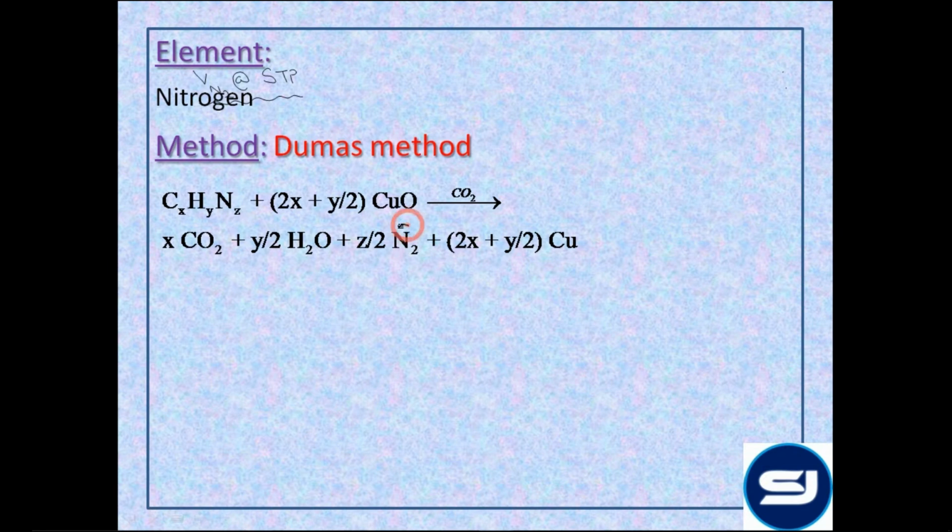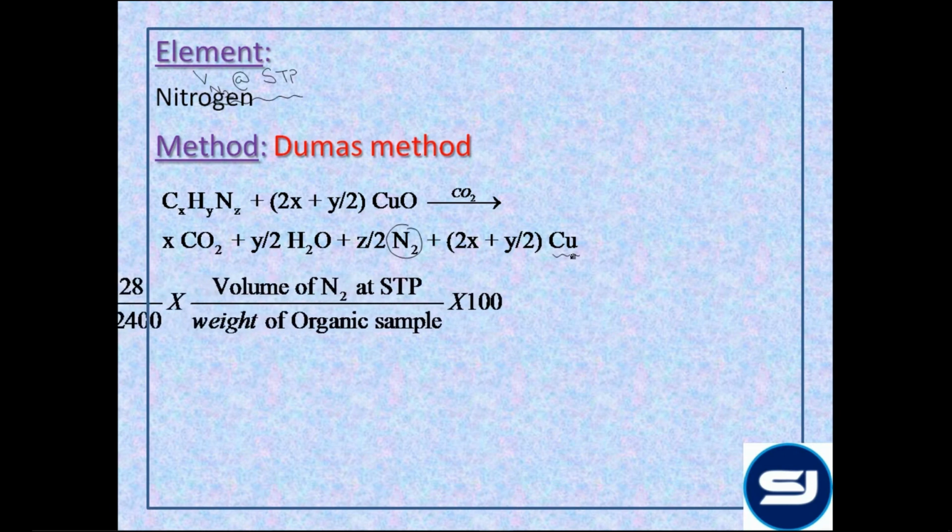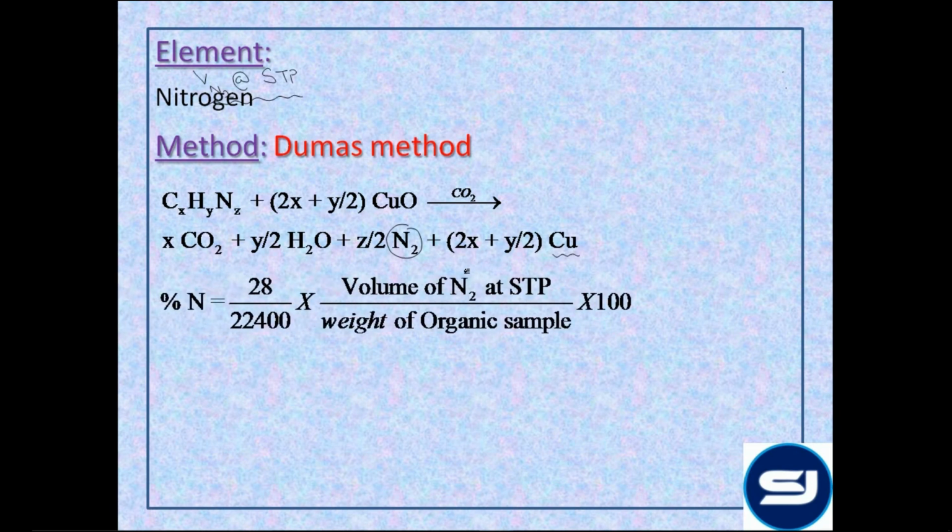And any of the oxides, if at all formed, would be reduced via the reducing copper gauze back to nitrogen gas, and the copper oxide would be reduced into copper. Then, based on the volume of nitrogen determined at STP, the percentage of nitrogen is calculated as 28 upon 22,400 into volume of N2 at STP upon weight of organic sample into 100.